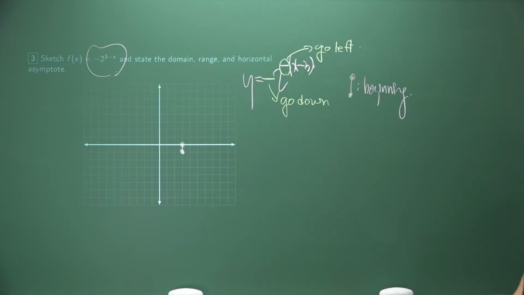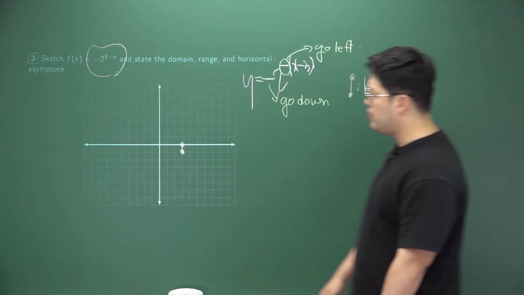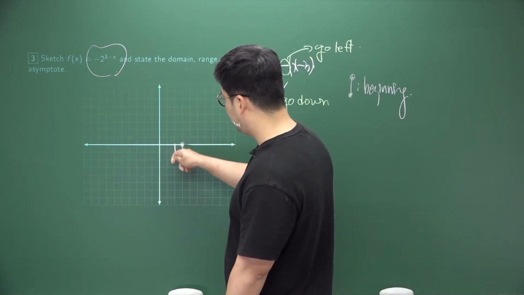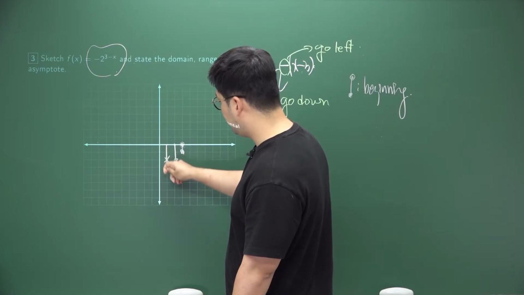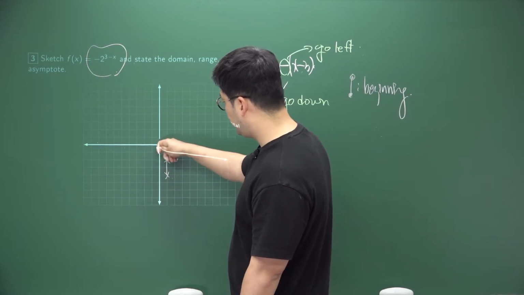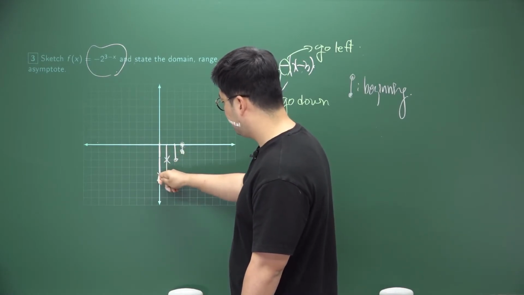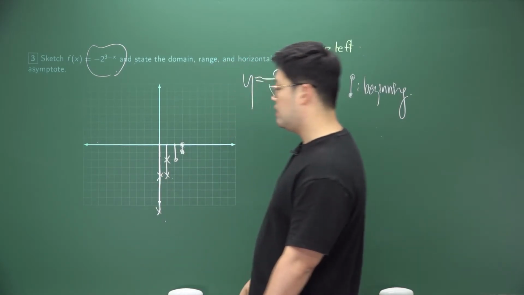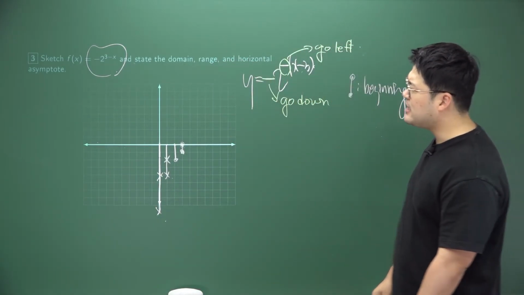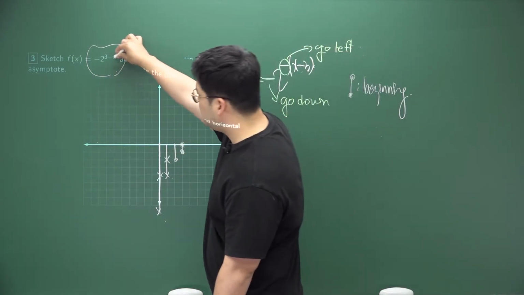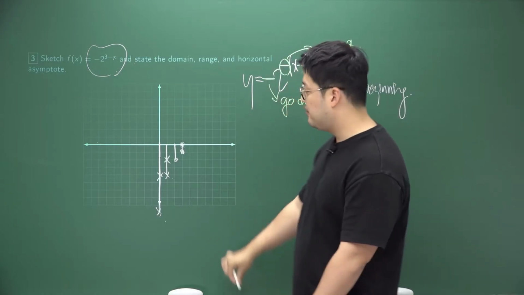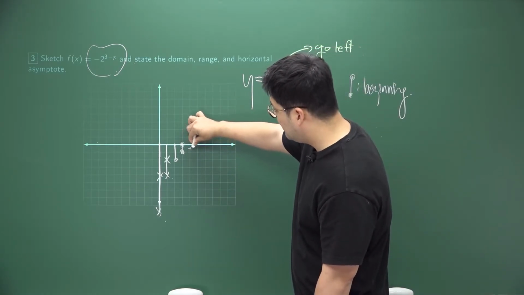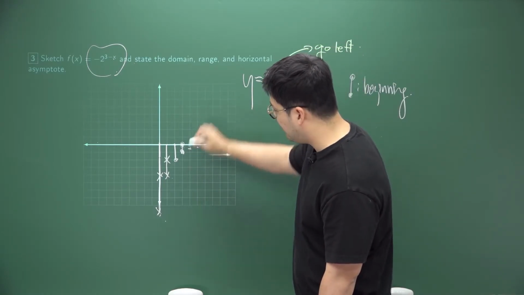Interesting. And what we're going to do is go to the left and multiply by 2 units. And as you notice, at x equals 0, it's going to be -8. But as I go to the right, I'm actually halving.